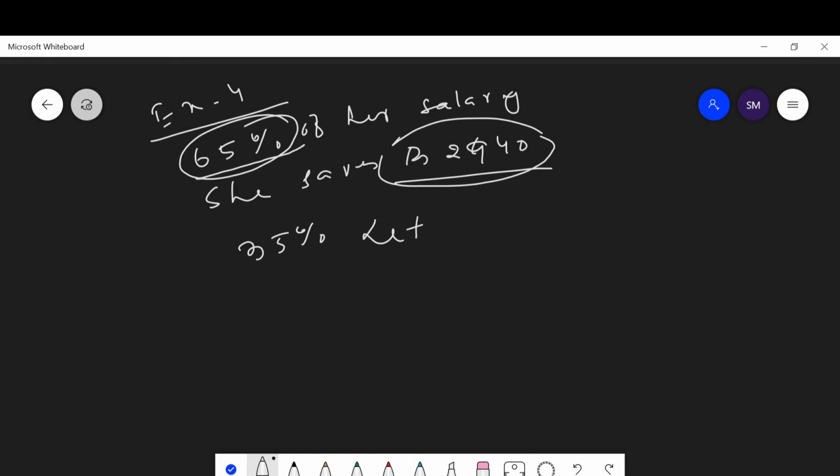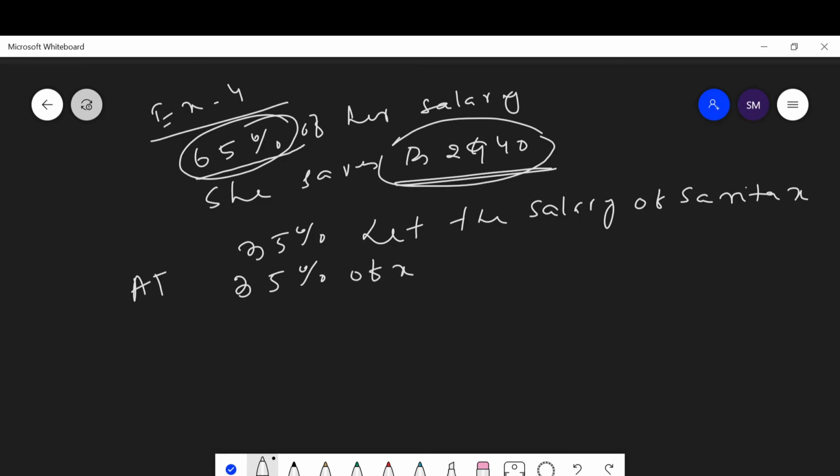Let the salary of Sarita be x. The unknown thing which is asked should be taken as x. Then according to the question, 35% Sarita saves, which is 2940. 35% of x is equal to 2940. 35% means 35 upon 100 into x is equal to 2940.